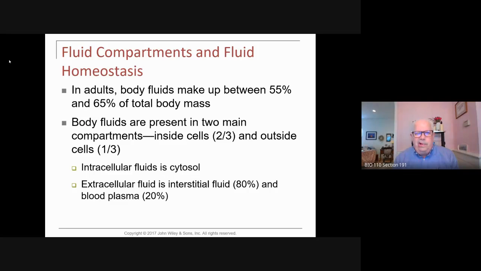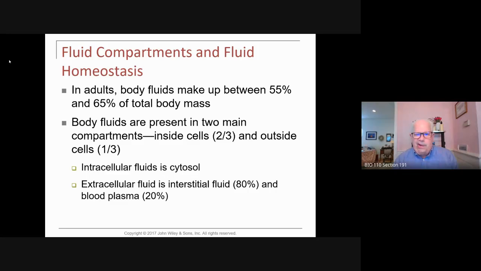And these fluids are present in two main compartments, either inside the cell, intracellular, or outside the cell, extracellular. But the majority of body fluids is inside your cells. So the intracellular fluid, which is cytoplasm or cytosol, mostly contains 2/3 of your body fluids.